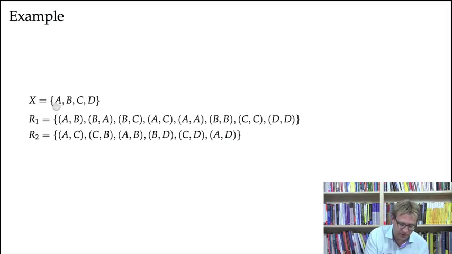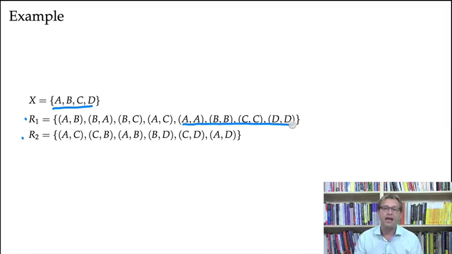Finally, let's look at an example. Suppose X contains four elements, A, B, C, and D. And here are two relations, R1 and R2 on X. So I've identified special pairs of elements from X. Note that R1 is reflexive because R1 contains the pairs AA, BB, CC, and DD.